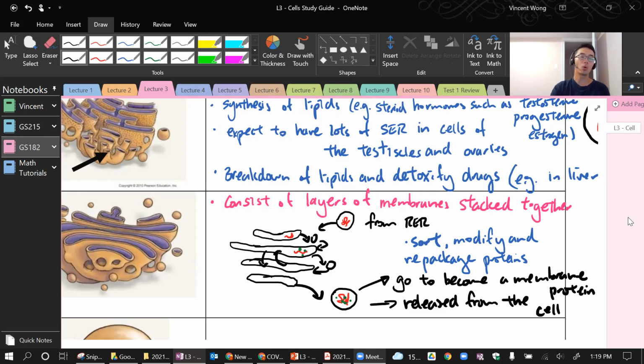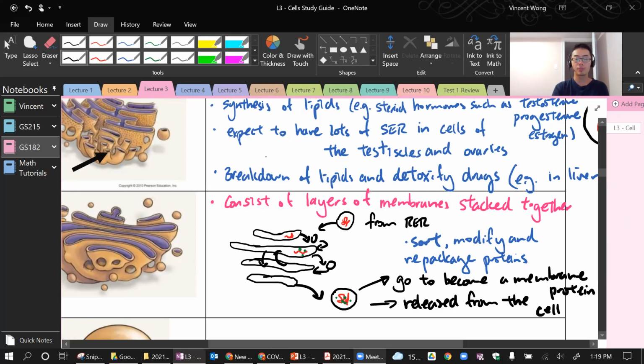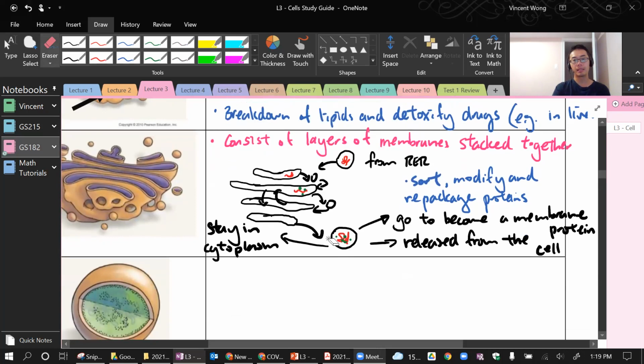So the insulin will go into the bloodstream. It's also possible that you did not eat yet, so you don't need the insulin. So instead of releasing from the cell, it will stay in the cytoplasm. Sometimes the proteins that are staying in the cytoplasm don't have to be in a vesicle. It could just be a free flowing protein, and still sometimes it could become the next one.